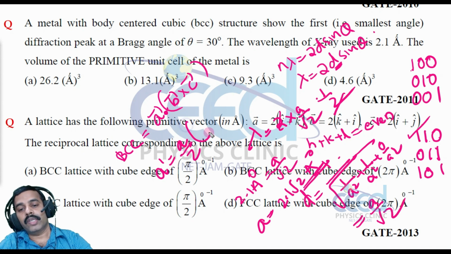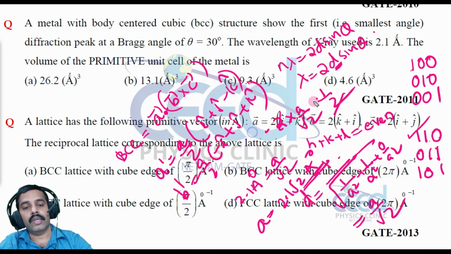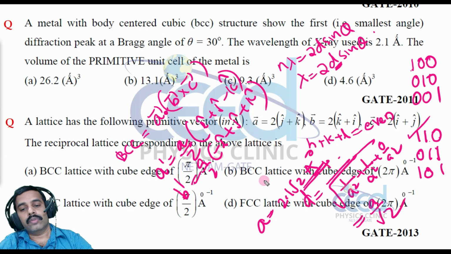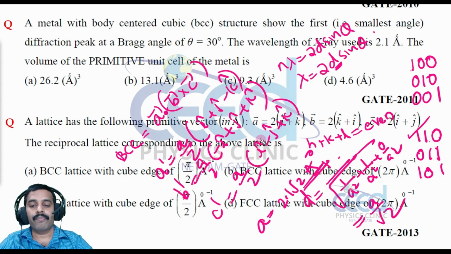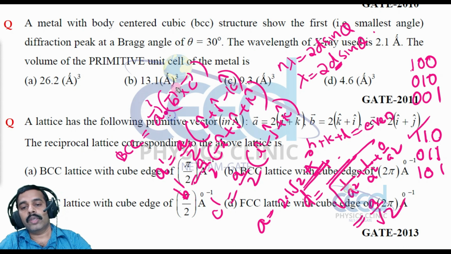minus i cap plus j cap plus k cap, and b prime is equal to a by 2 into i cap minus j cap plus k cap, and c dash is equal to a by 2 into i cap plus j cap minus k cap. You can solve this. When you solve a dash dot b dash cross c dash, you will get a cube by 2.